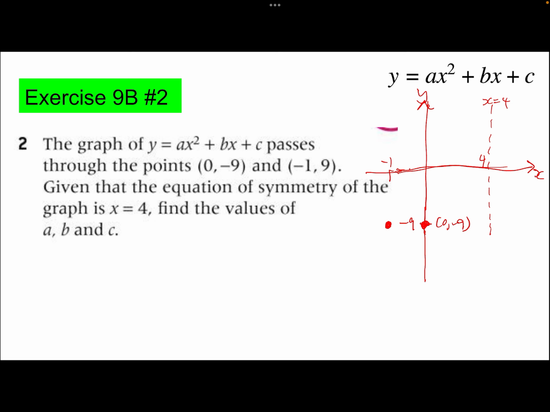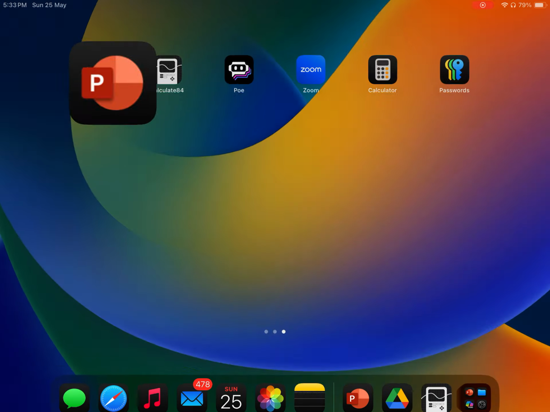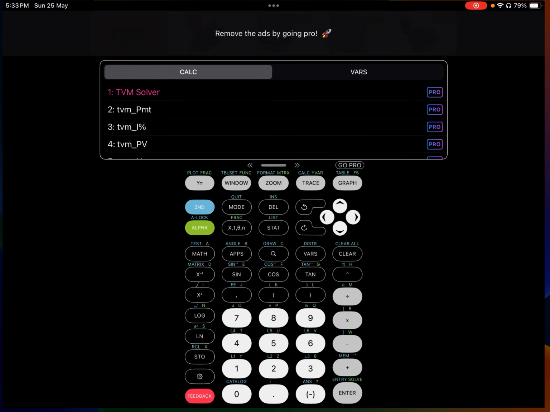But in this case, if we're going to find the value of a, b, and c, what we could do is try to put these numbers into the equation first. If we can do this with the calculator, then I think it's going to be quite obvious how to do this. So let's put this on the calculator.